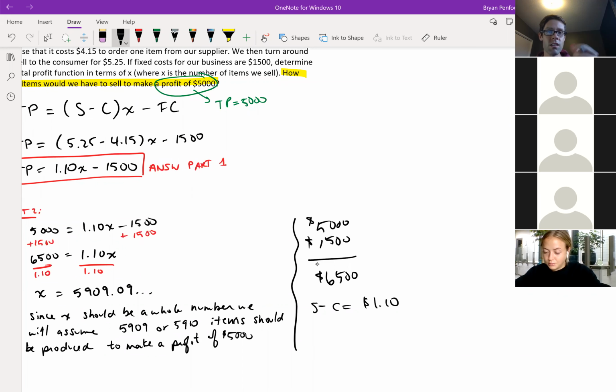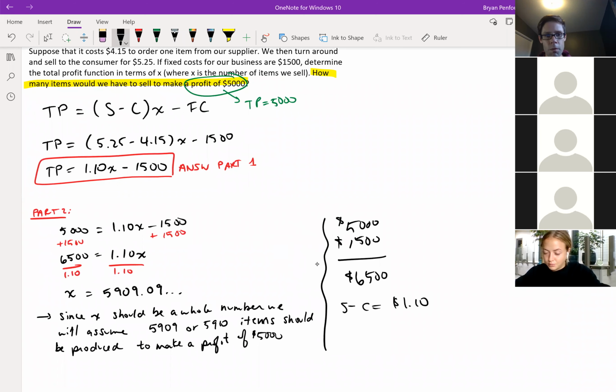Each item that I sell or produce in this particular situation nets me $1.10. So how many items do I need to sell at a $1.10 markup to deal with this $6,500? Well, that's exactly what we calculated right here. And if you do that division, we should get 5,909.